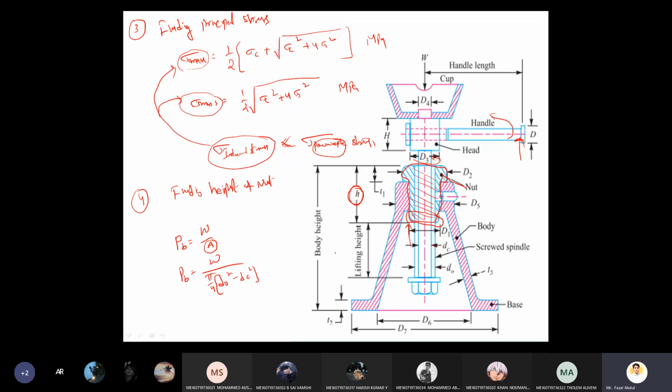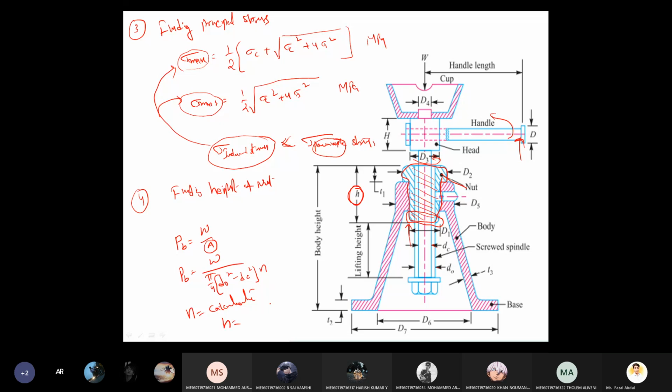How many threads are there? We don't know, so I'm writing n number of threads here. With this bearing pressure, the n number of threads is calculated.